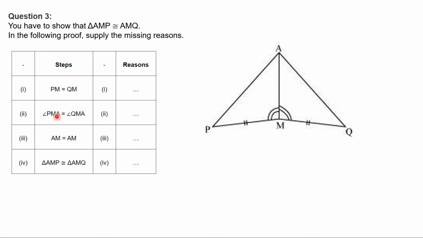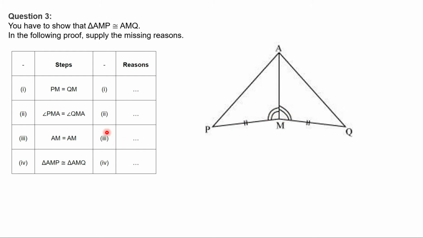What is PMA? PMA is an angle. This angle is PMA. And what about QMA? This is QMA angle, or you can say angle M. So it is also given to us.